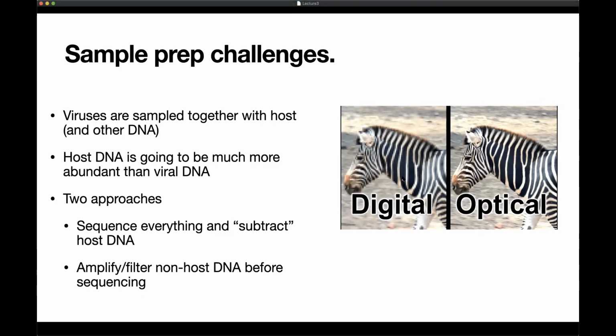Digital zoom basically uses software to create an image that has a higher magnification than what your sensors allow you to do. And optical zoom uses better optics, heavier lenses or more lenses, to zoom in on the image. Typically, if you use physics to enhance the image, it'll be better than if you use software to do this. So a lot of the same ideas go into sample prep.